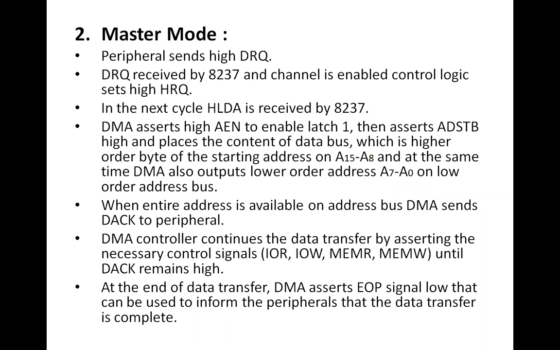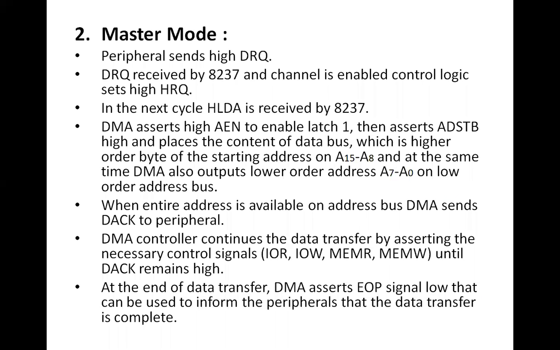Once this HRQ line, which is connected with the hold line, is received by the processor, it will complete the machine cycle, whatever it is doing. And in the next cycle, the microprocessor knows that the DMA controller has sent a request. So the microprocessor unit immediately relinquishes the buses and sends the hold acknowledge signal to the 8237.